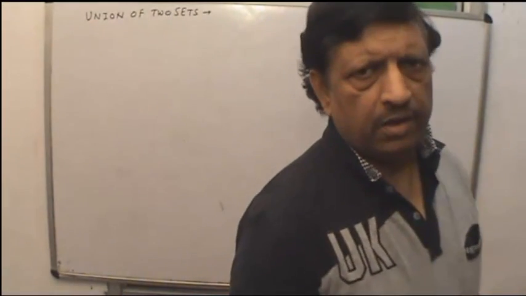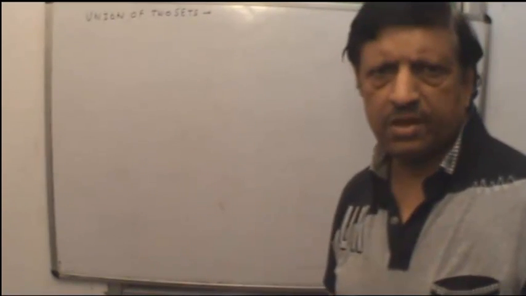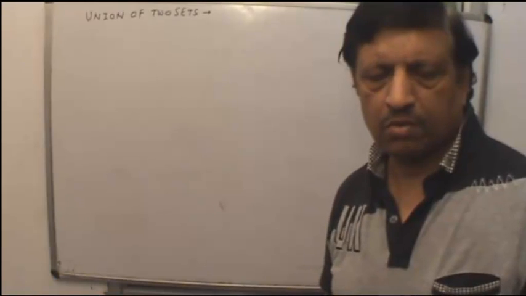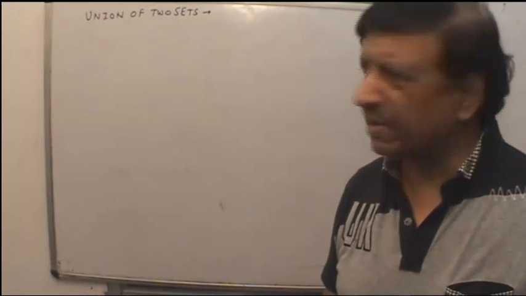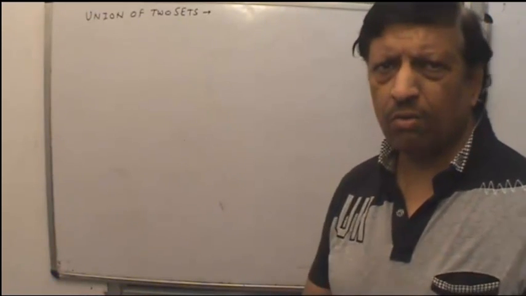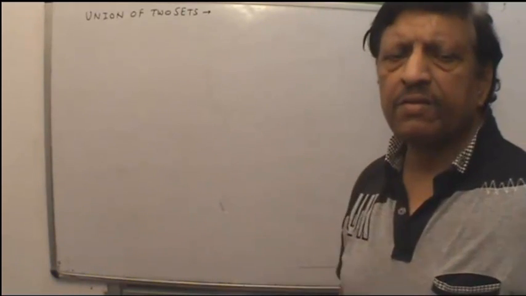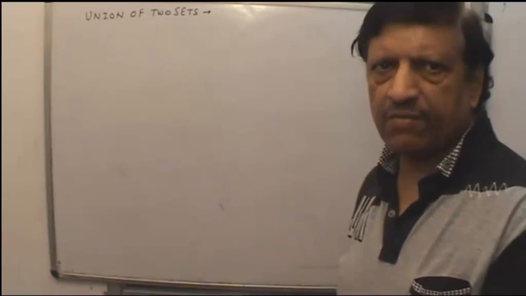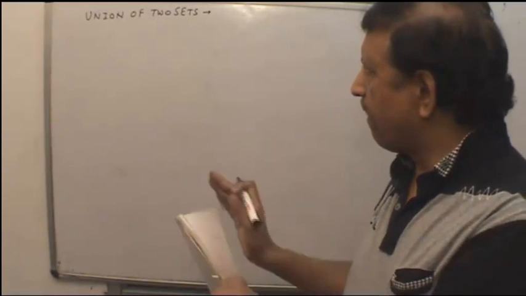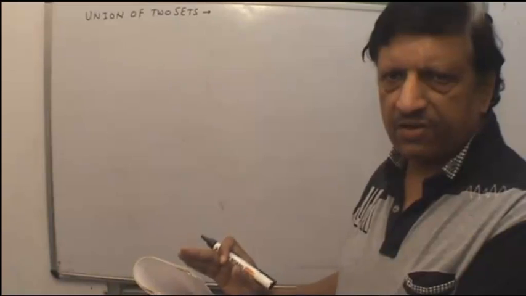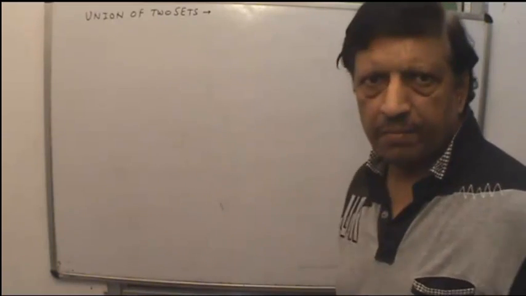Because it is discrete mathematics, all these things do not follow the rules of our arithmetic, plus, minus, multiplication. All the rules exist in a different manner here. We have to discuss how that arithmetic works in discrete mathematics.